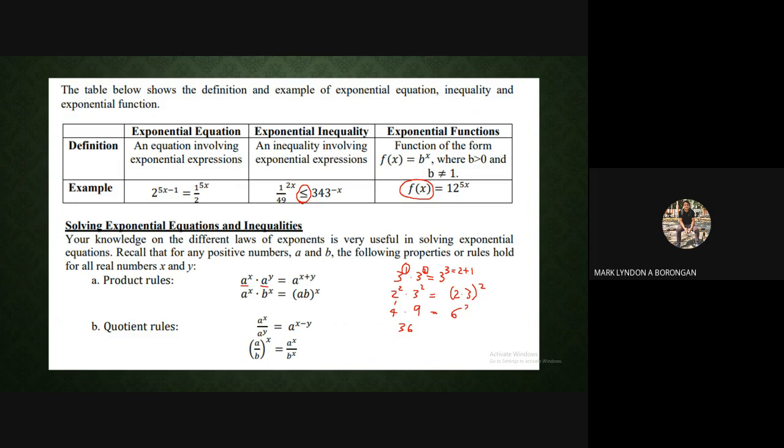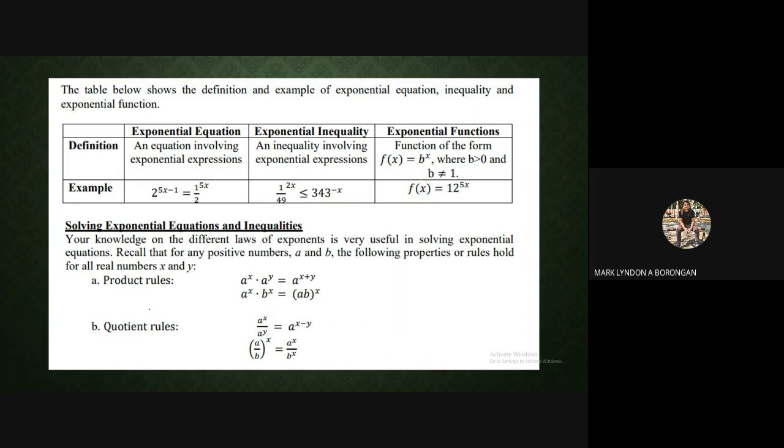So, 6 squared. And 6 squared is just 36. Therefore, same ra silang values. Okay? So muna siya pasabot sa atuang product rules. This case is for the same bases, and this case is when you have different bases but the same exponents.